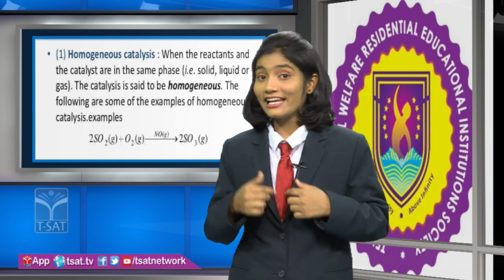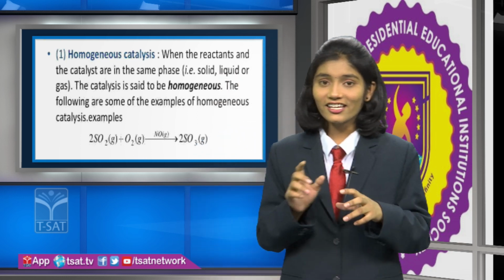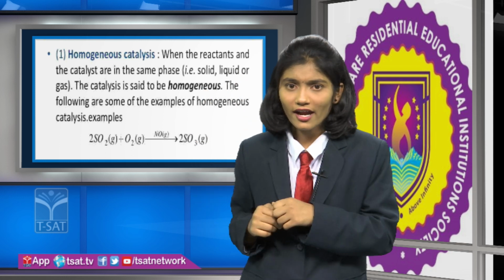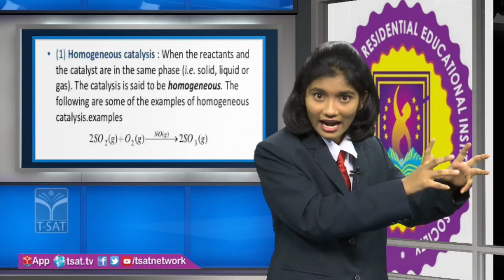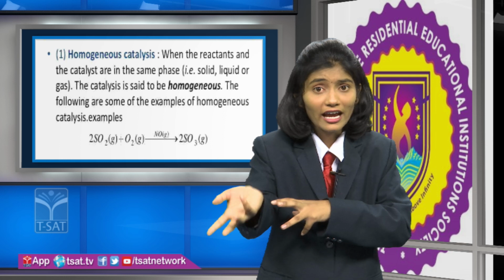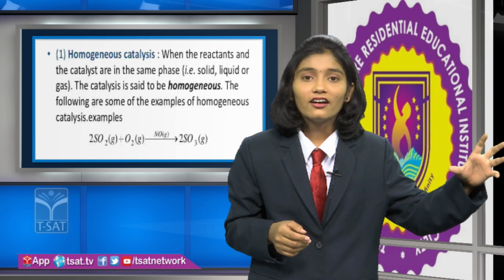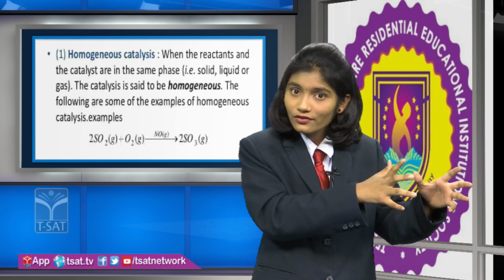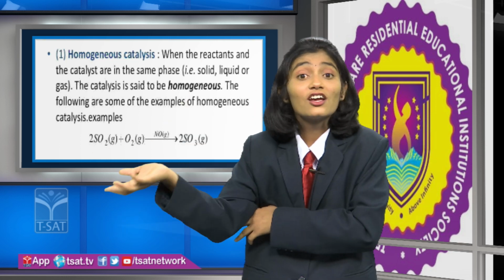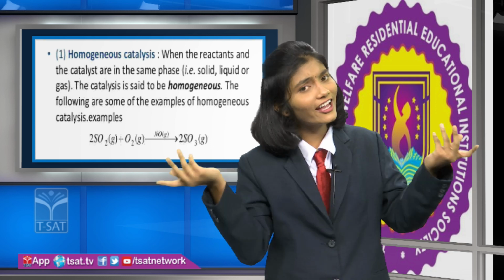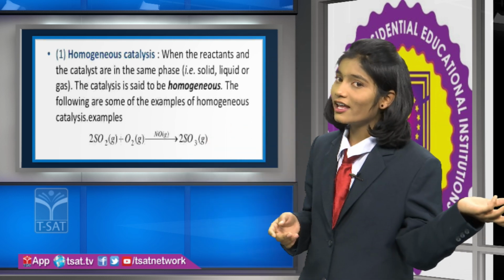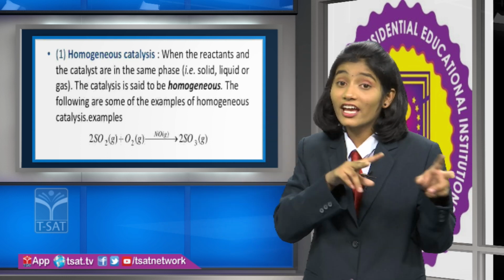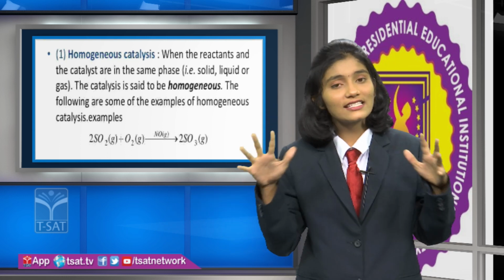For example, let me make it clear. Here you have reactants and catalyst, right? The phase of the reactants and the catalyst should be the same. For example, if the reactants are in gaseous phase, then the catalyst should also be in gaseous phase. If it is in liquid phase, it should also be in liquid phase. I mean, both states should be the same.